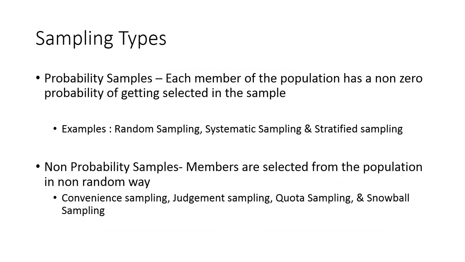So what is a probability sample? Well, in probability samples, each member of the population has a non-zero probability of getting selected. So it is very random in nature. Every time you get a probability sample, you choose an element or a member of the population at random.